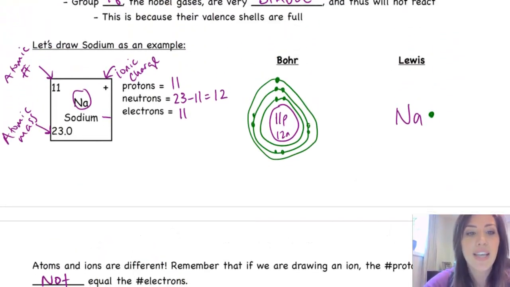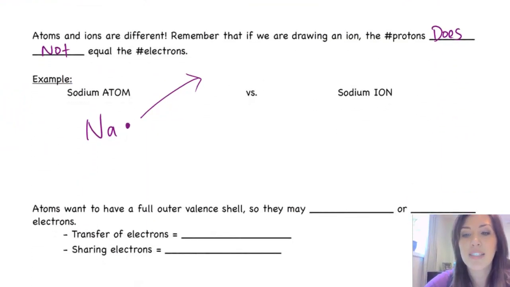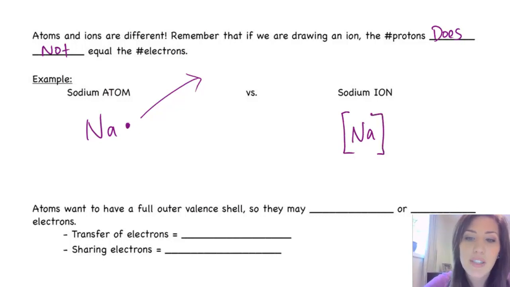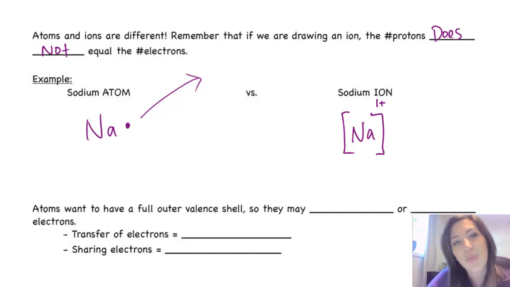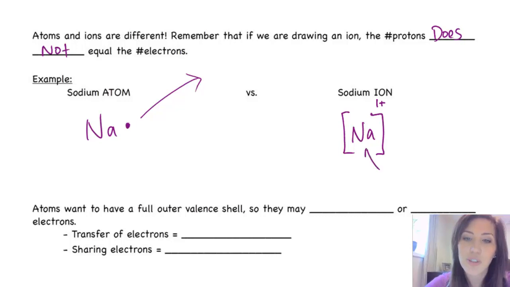Well, because the ionic charge is plus. So that means that there is one extra proton, then there are electrons, so it got rid of that electron. So no electron. But instead of just drawing Na all by itself, we say that it has one plus. So they got rid of one electron, leaving it one extra proton, then electrons.